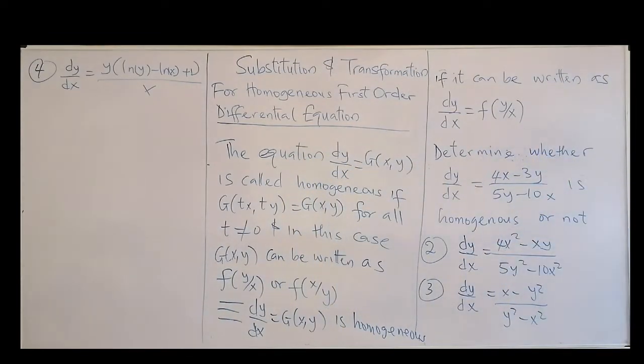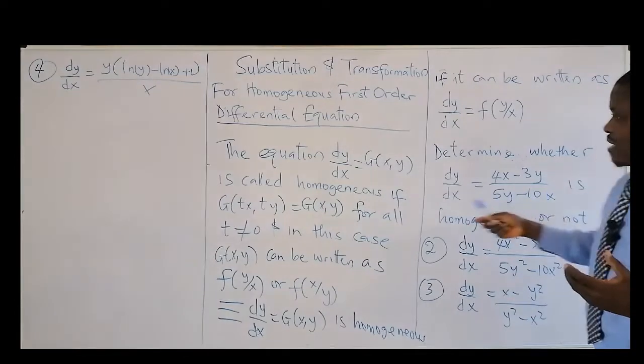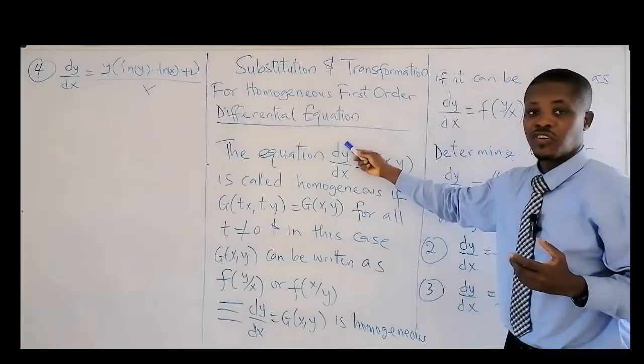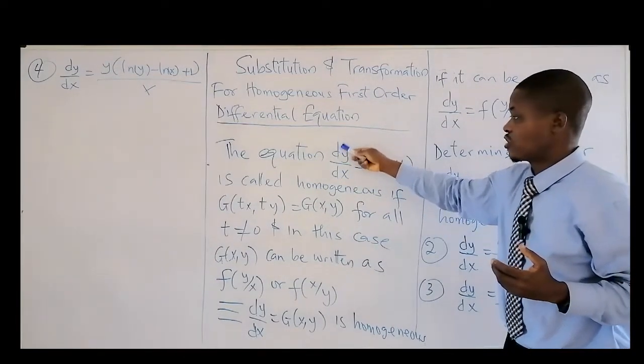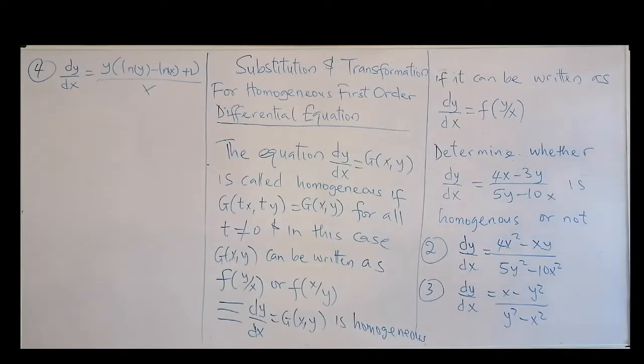First order differential equation: determine whether the following differential equation is homogeneous or not. And don't forget that in this aspect, the highest differentiation here is just the first order, which is 1. So dy/dx is a first order differential equation, of order 1.